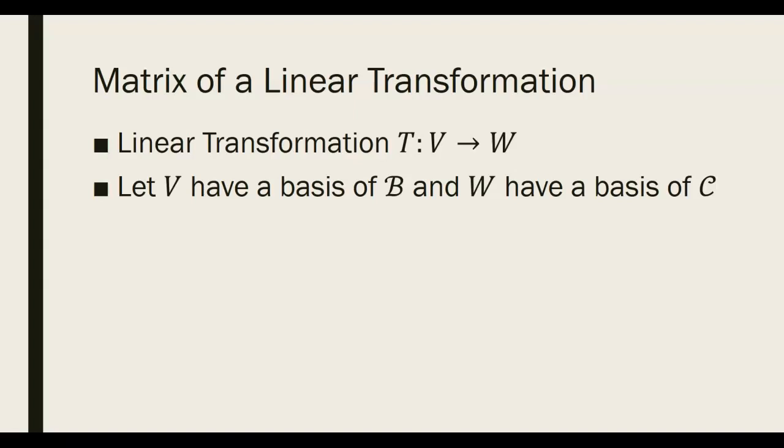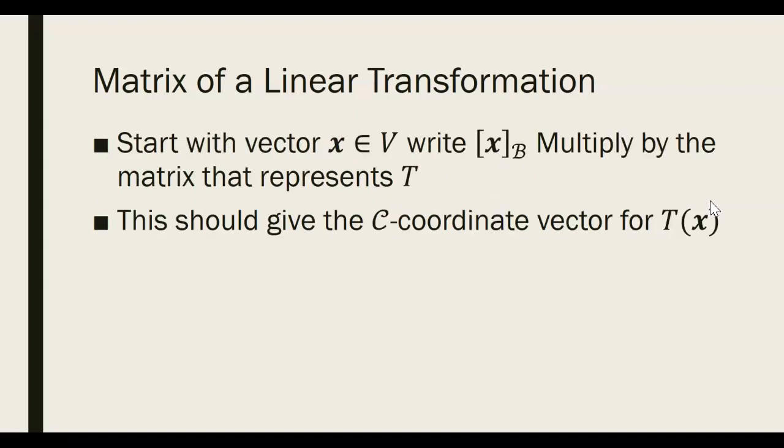With labels there, we're going to have V, our domain vector space, have basis B, and W, our codomain vector space, have basis C. So basically, we start with a vector in our vector space. We're going to write it as a coordinate vector, that way it's in Rn for some n.